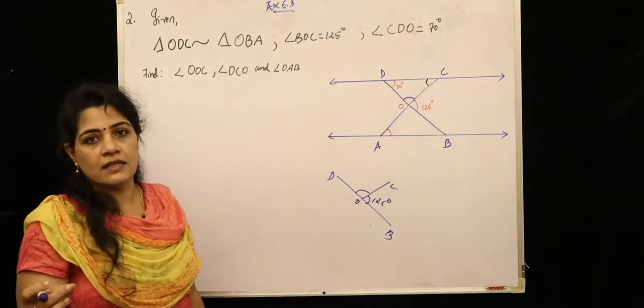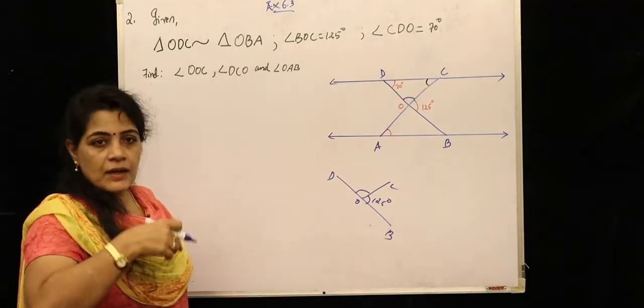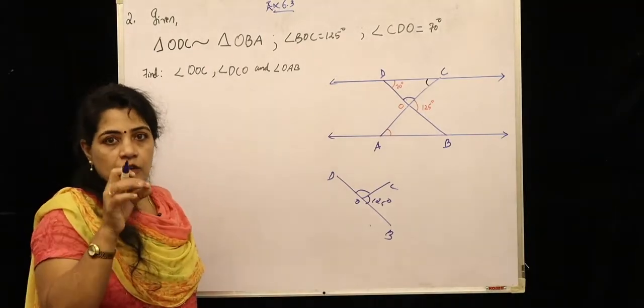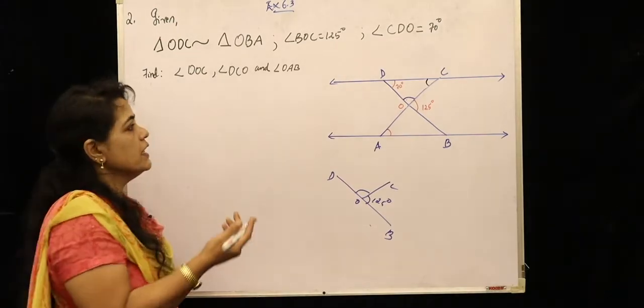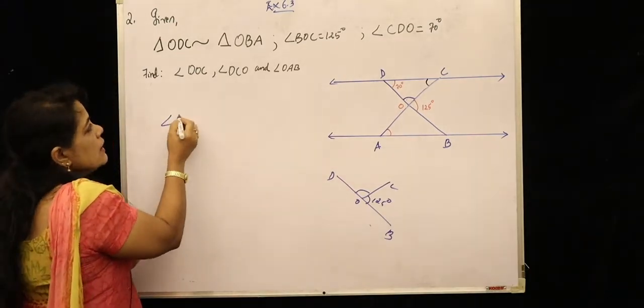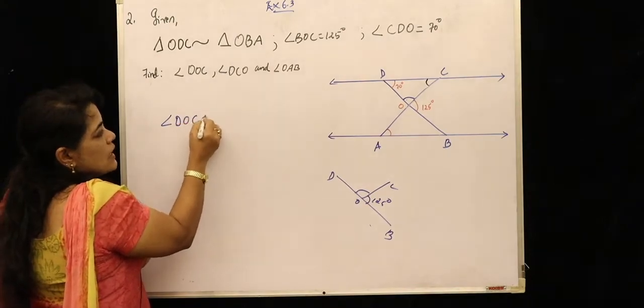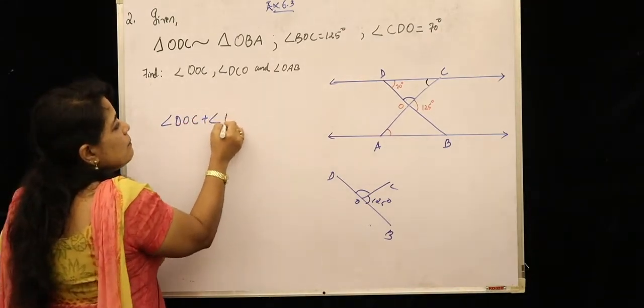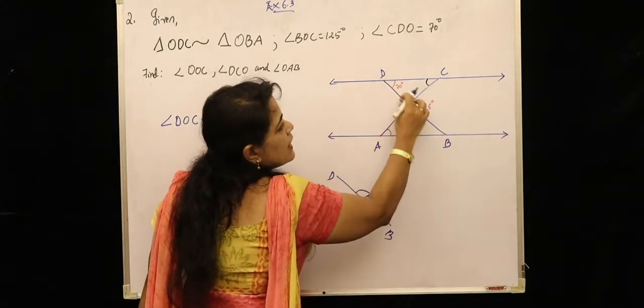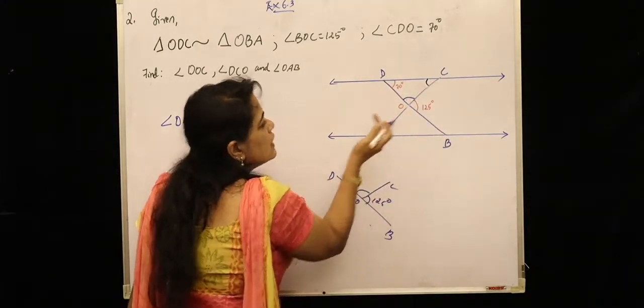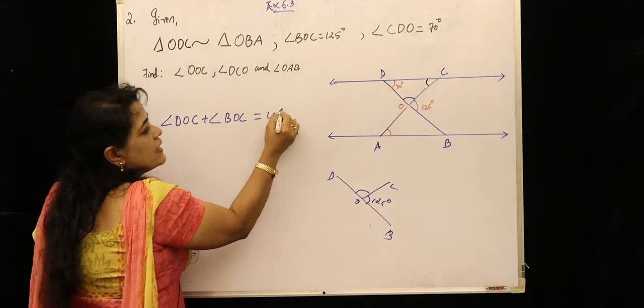Considering DB as a line and OC as another ray from the point O, the sum of these two adjacent angles will be 180 degrees. So angle DOC plus angle BOC make 180 degrees.